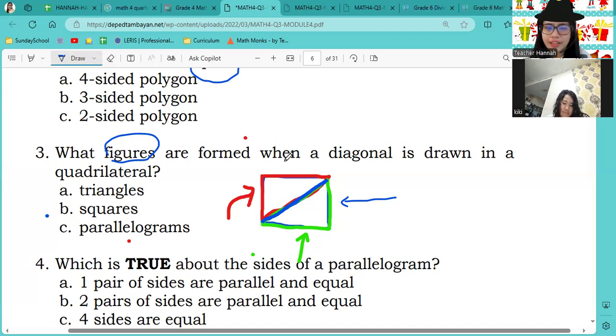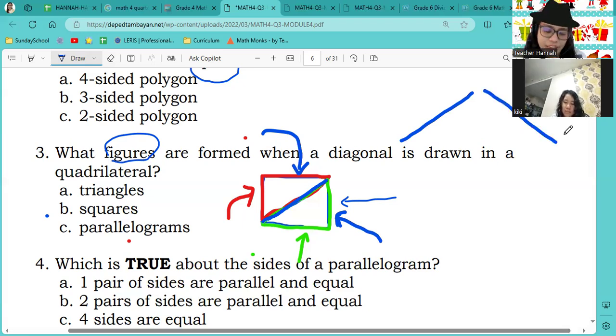No, not parallelogram. So this one, you have two triangles. Can you see the two triangles? Yes. So if I draw a diagonal line, this is what you call a diagonal line. This is a diagonal line. Or this one, a diagonal line. Okay, Michaela?